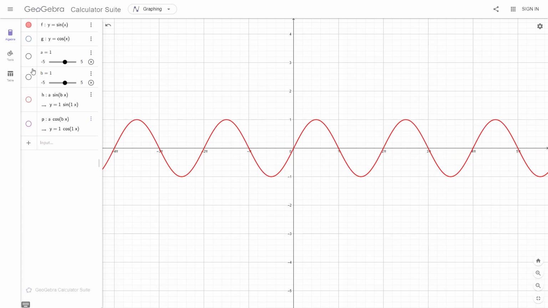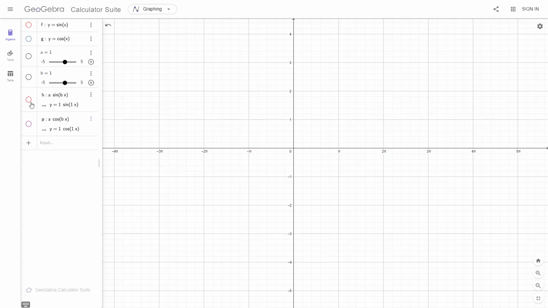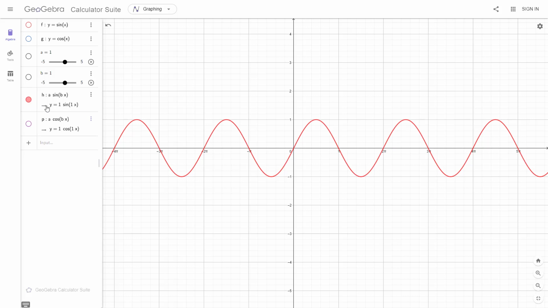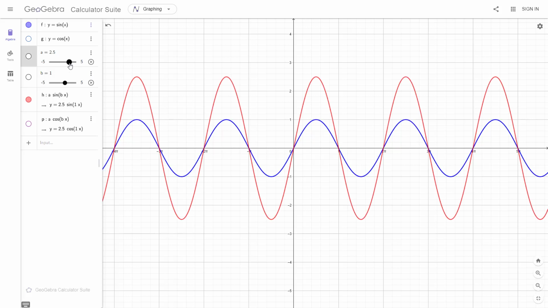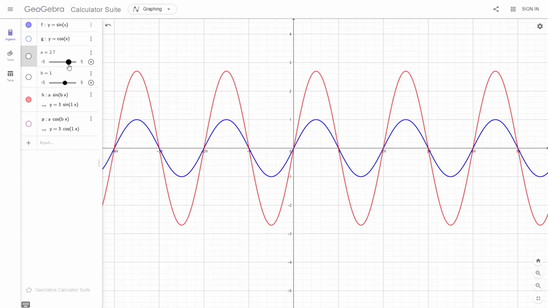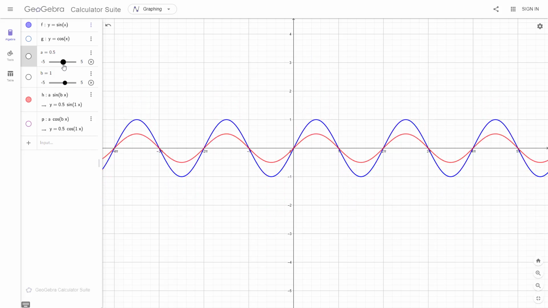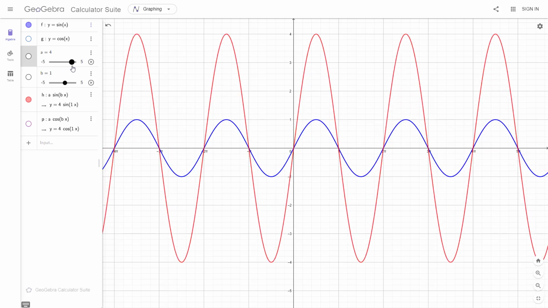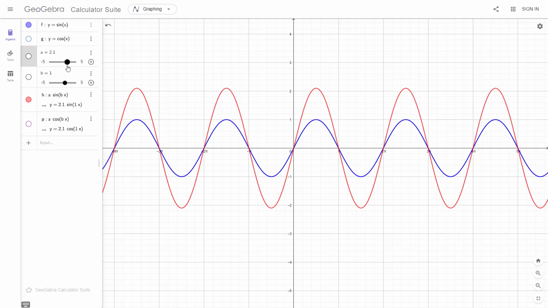All right, so here I have sine of theta. This is sine of theta for the case where a is equal to 1. Once again, when a increases, we have vertical stretching. When a decreases, like here, we have vertical shrinking. So here we are stretching for large values of a, and we are shrinking for small values of a.